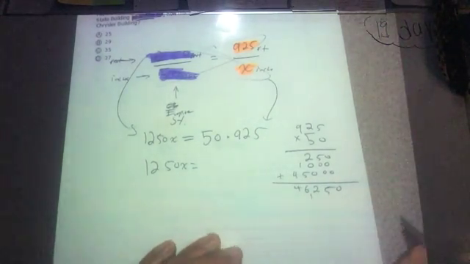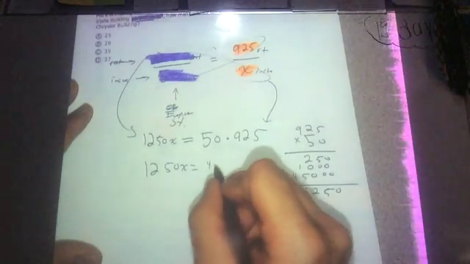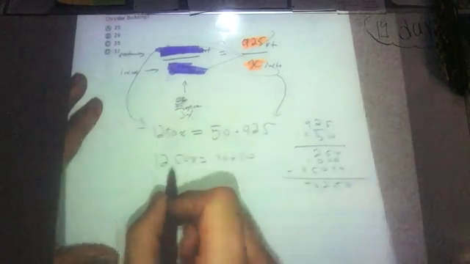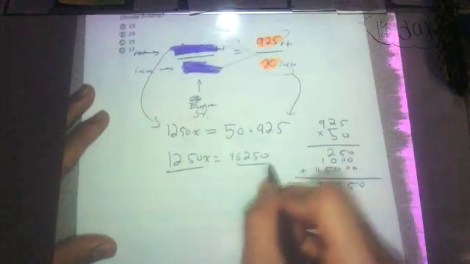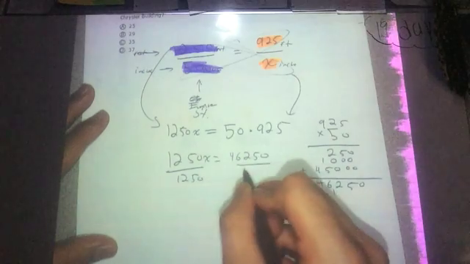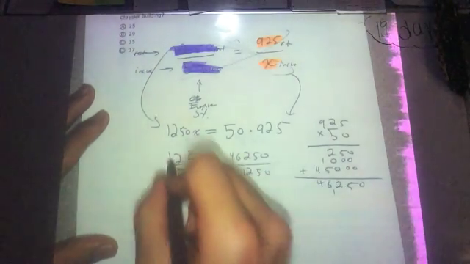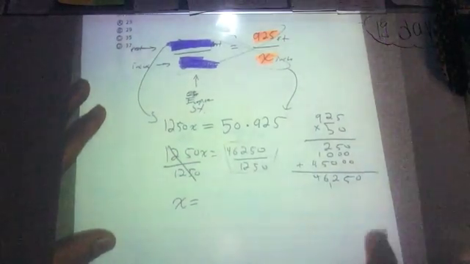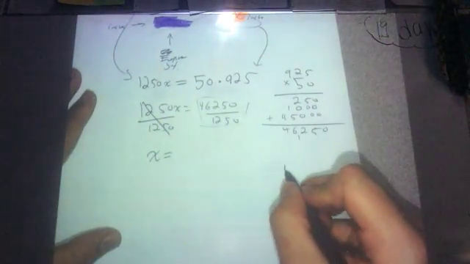So we've got 46,250. Now, we have a one-step equation here. We'll divide both sides by 1250. These cancel, and x is going to be equal to this product divided by 1250. So I'll go ahead and do this division.